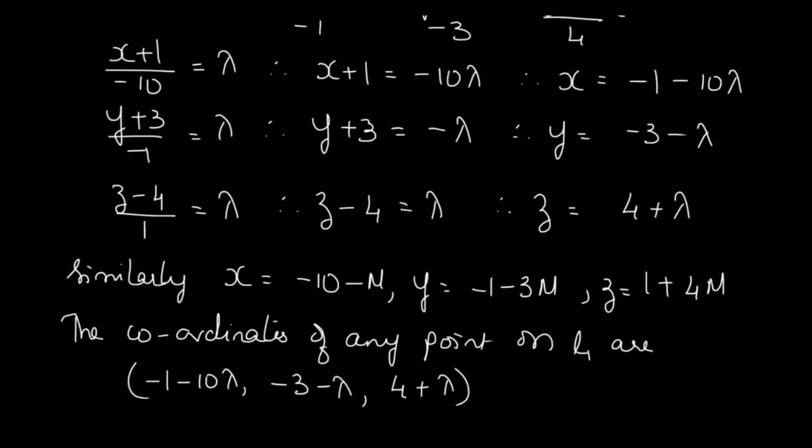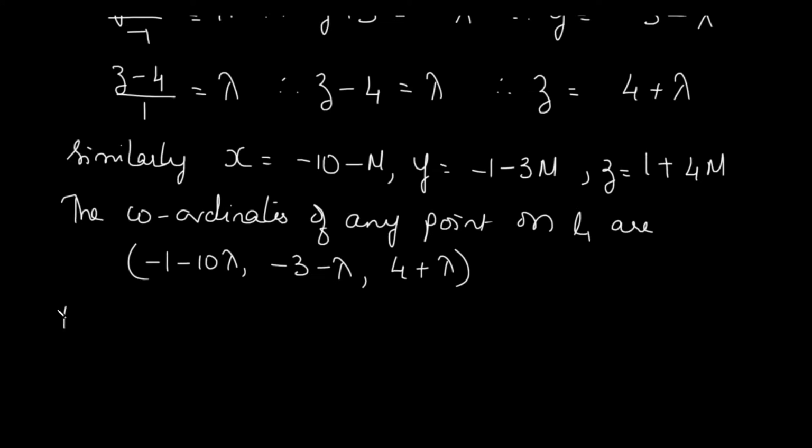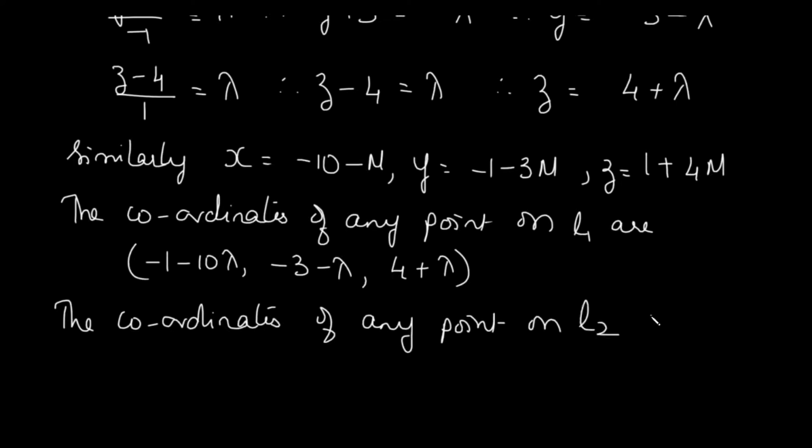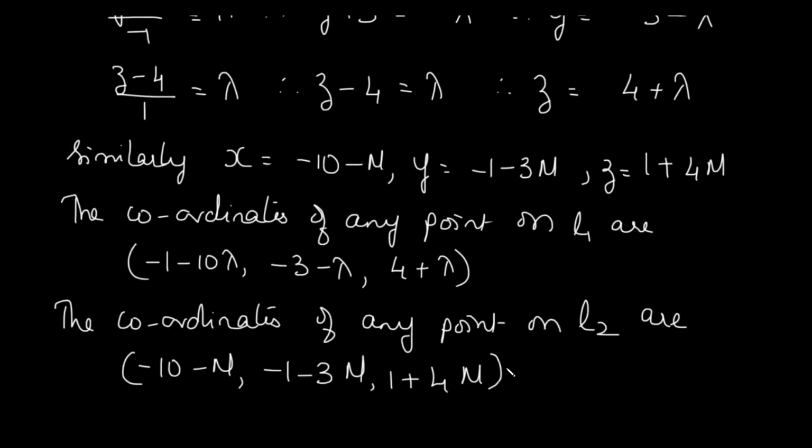Similarly, the coordinates of any point on L2 are given in the same way, in terms of mu: minus 10 minus mu, minus 1 minus 3 mu, and 1 plus 4 mu. This way we got the coordinates.